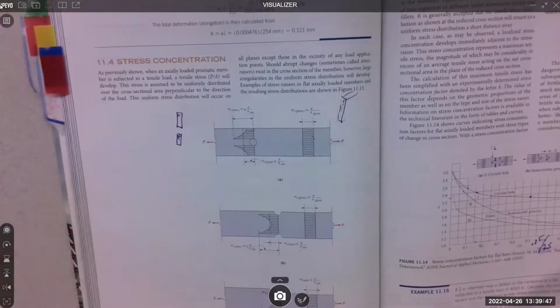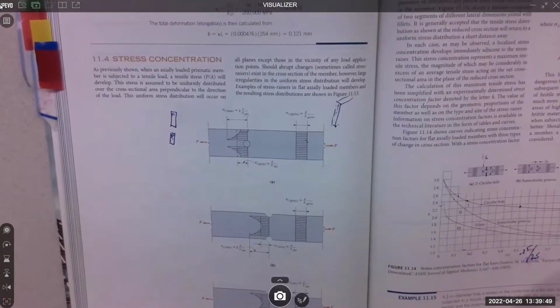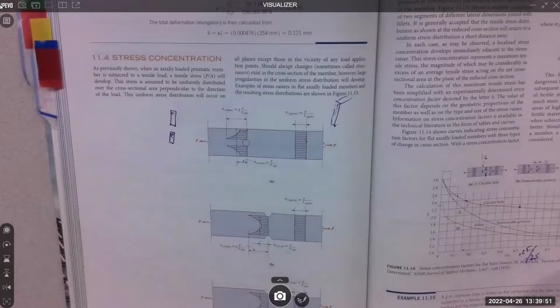But we do want to think about stress concentrations. That's what this is. So stress concentrations happen when you have a reduction in area, which makes sense. Like we know stress is P over A. And if that area gets smaller, then it's P over a smaller A, right?